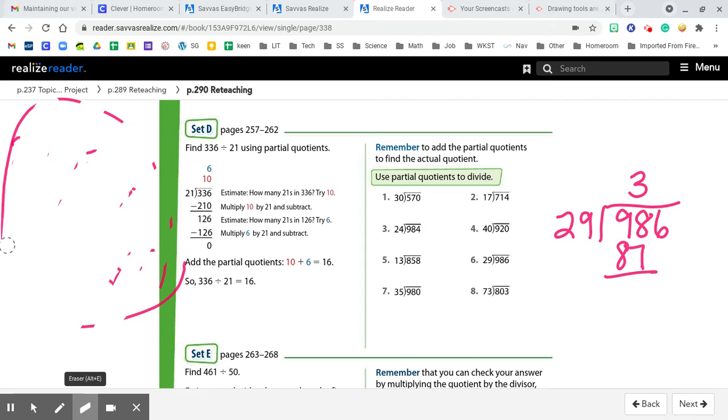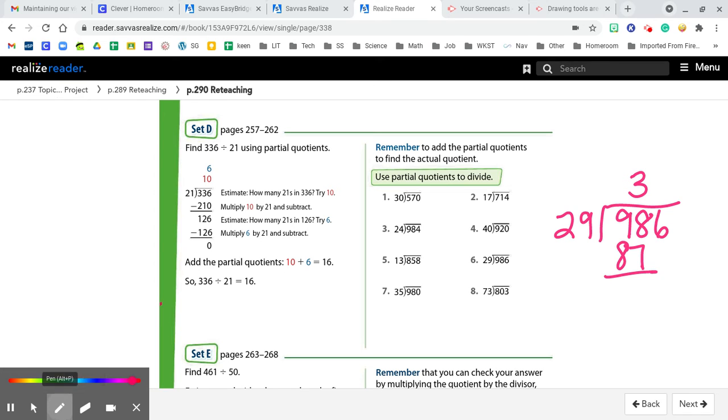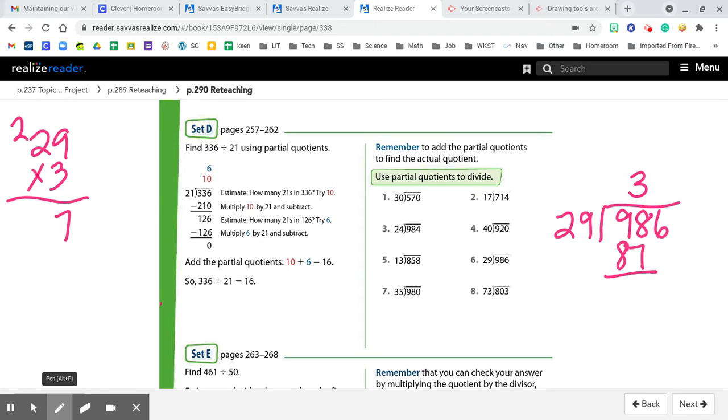So if you have to just multiply, don't erase when you're multiplying because you might need it later on in the same problem. So if I find my target and I think, well, 30 goes into 98 about 3 times, so I'm going to try that. Then you can do that off to the side.